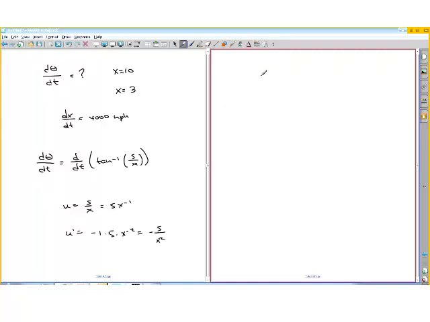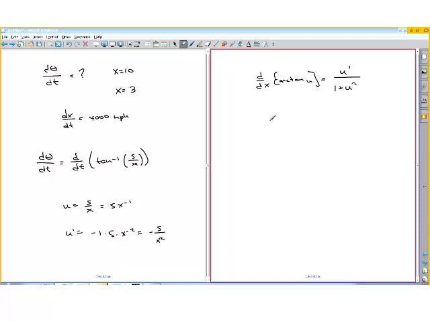So the book says d dx of the arctangent of u is equal to u prime over 1 plus u squared. I'm just going to use the formula here as an option. So once I've defined u as this, and I've got u prime, this is the chain rule.